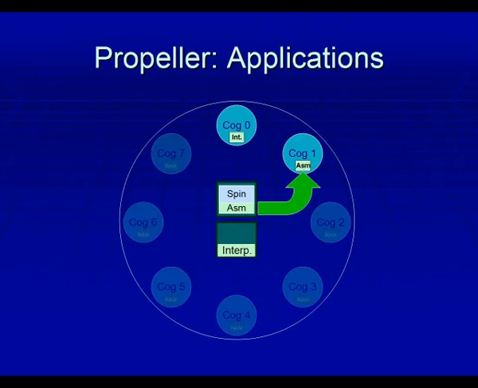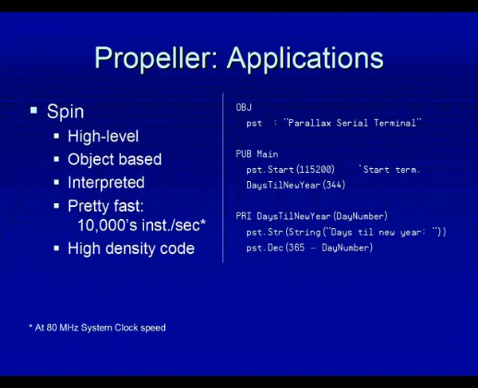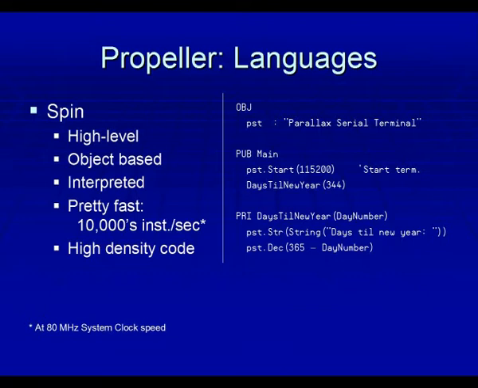From that point on, we have 2 or more cogs running, and things continue as normal, where in this case cog 0 is interpreting Spin code, and cog 1 is running assembly and possibly reading and writing from the main RAM, but not necessarily accessing the main RAM ever. It's up to how the application's written.